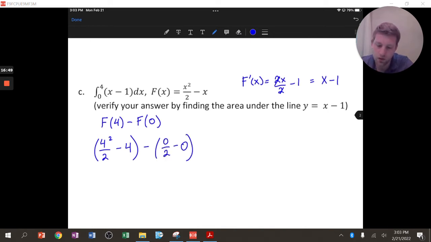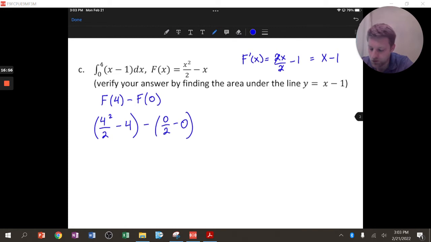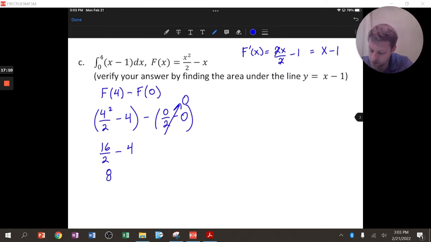That's not going to contribute anything. So the final result is just 16 divided by 2, subtract 4. Then we have 8, subtract 4, or just 4. So there we have it, just a 4.